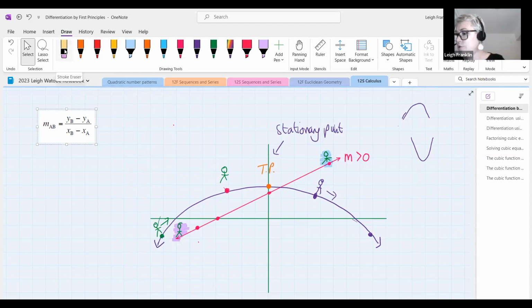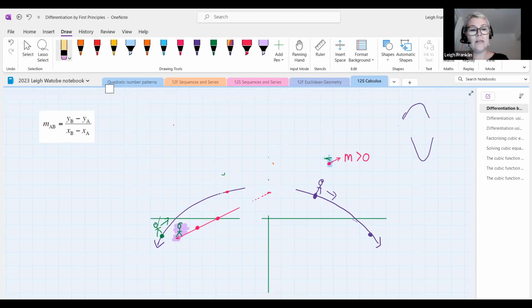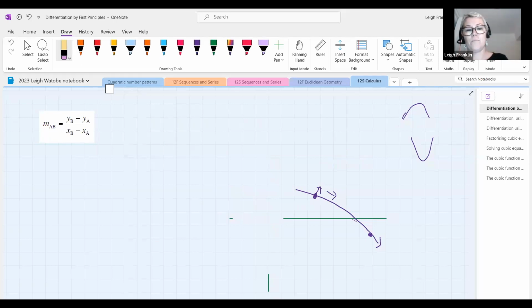So let me just clear what I've got here, and we'll draw a nicer graph that I haven't walked or have it written all over. So we must draw ourselves a new set of axes.